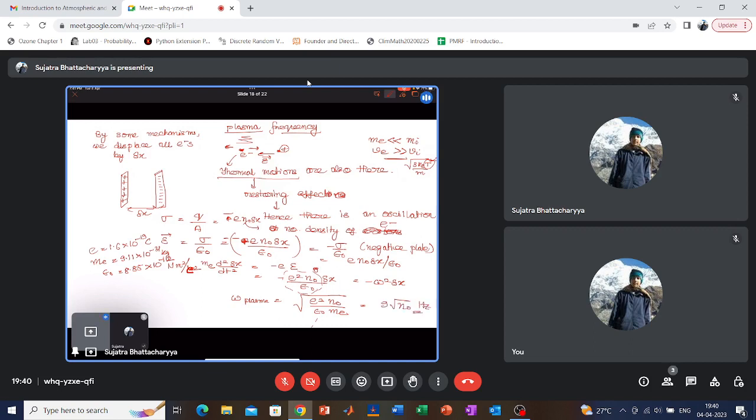This is what we used in the previous session as well as this session in the plasma frequency numericals. Fine.